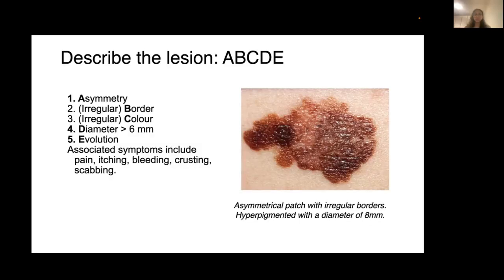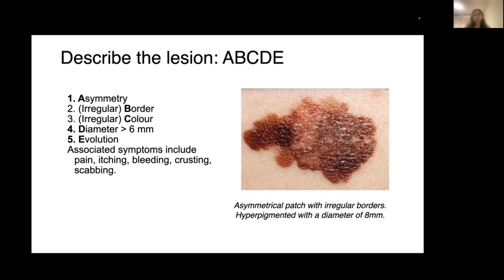B stands for border, so is the border regular or irregular? C stands for colour, so is it one consistent colour or are there multiple different colours? Is it a mix of hyper and hypopigmented?